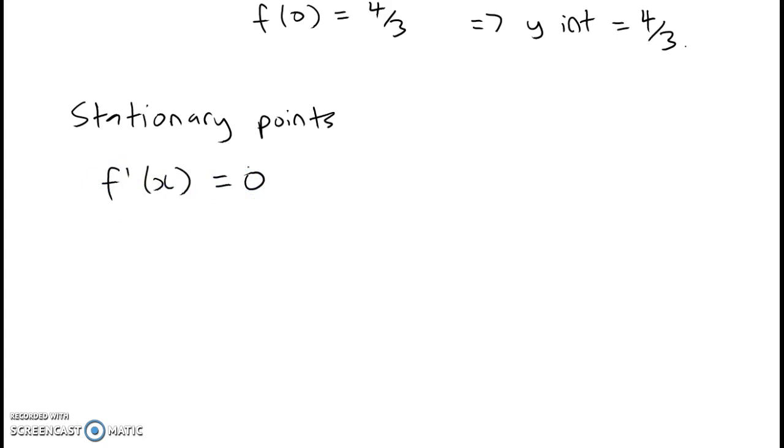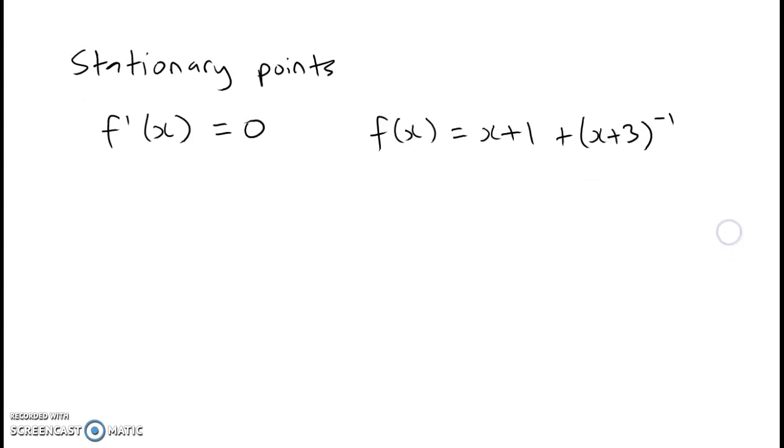Now, our original function, if we take the derivative, we've got f of x equals x plus 1, and I might rearrange it to make it plus x plus 3 to the power of minus 1. Now, we can go ahead and use the chain rule there, and if you'd like to do that in your own working, you can, but I'll just jump straight to the derivative f dash x equals 1 minus 1 over x plus 3 squared.